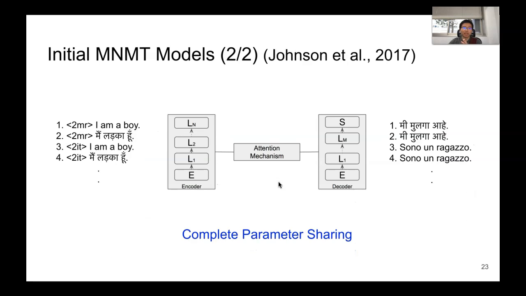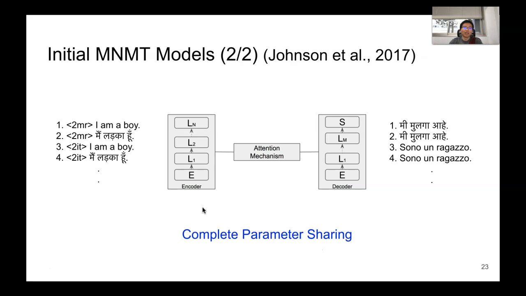And another initial MLMT model is the one proposed by Google. So their MLMT system differs from the previous one in that they propose a complete parameter sharing mechanism.